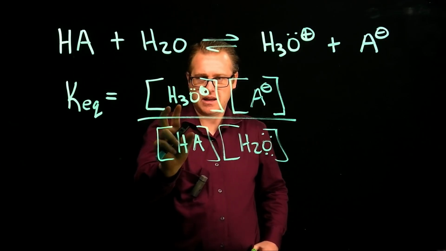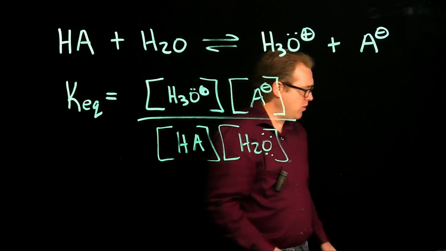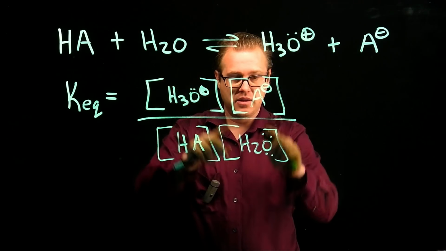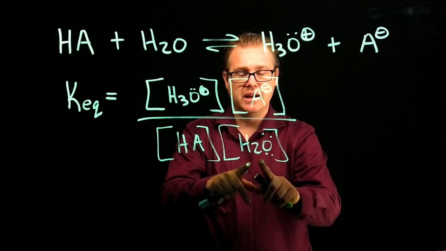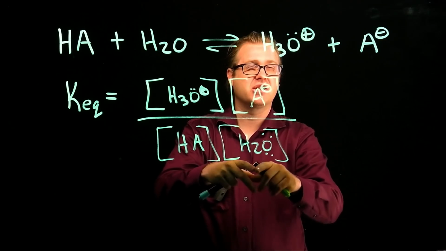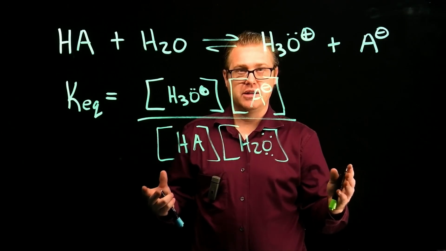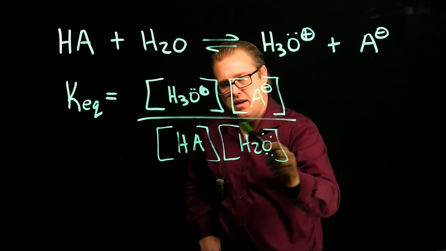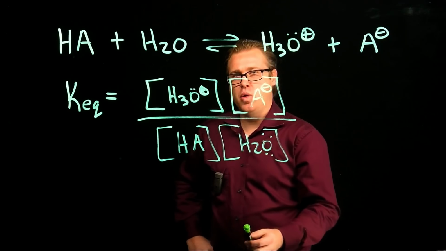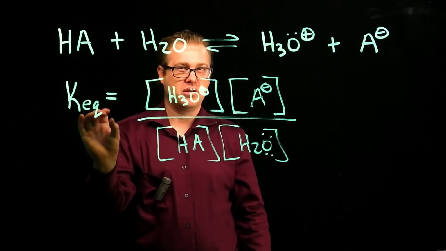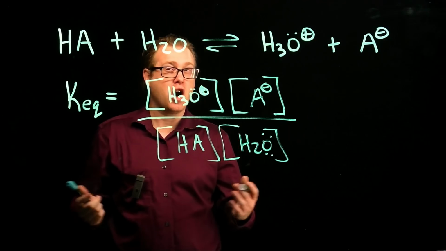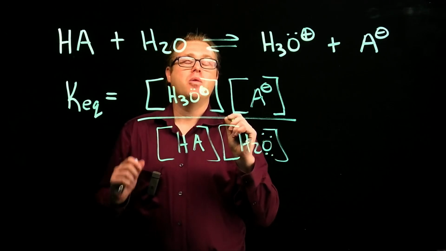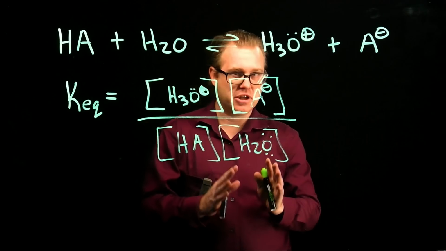But what's interesting is that once you reach equilibrium, the concentration of the water is going to be so large that it isn't going to influence the answer because it's more or less constant. Because there's so much of it, it doesn't change. Well, it doesn't change very much, okay?